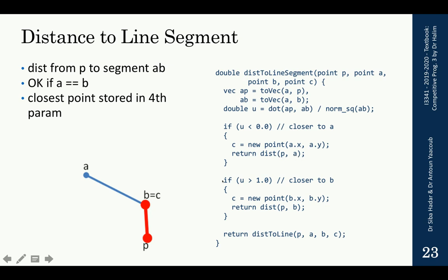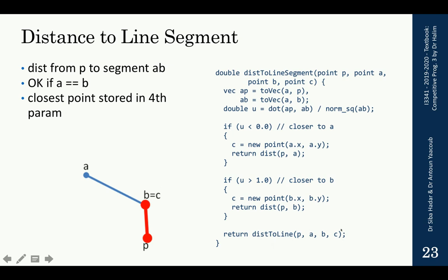Otherwise, we have two possibilities. U is greater than 1. In this case, it is the opposite. The closest point to P is B, and we will return the distance between P and B, and C will be a clone of the point B. And if the value of U is between 0 and 1, we will trace the orthogonal and find the distance just like we did before.